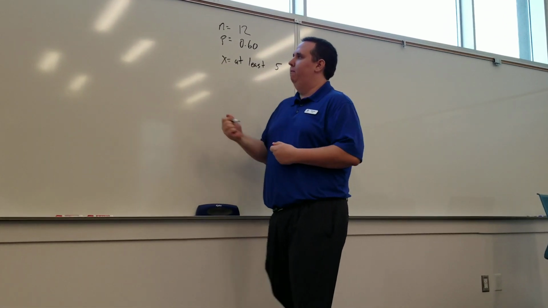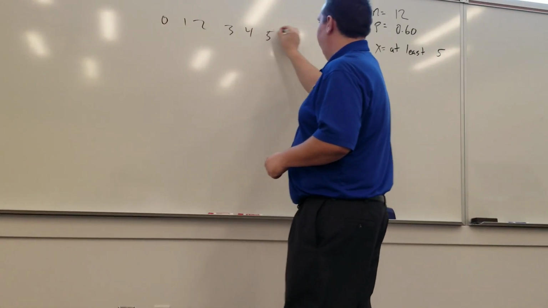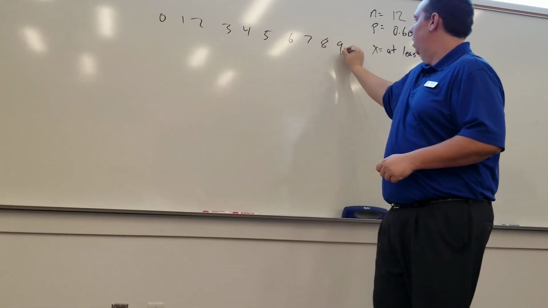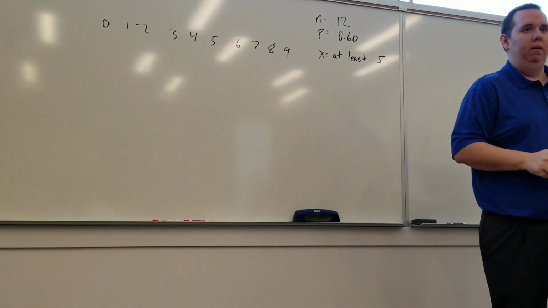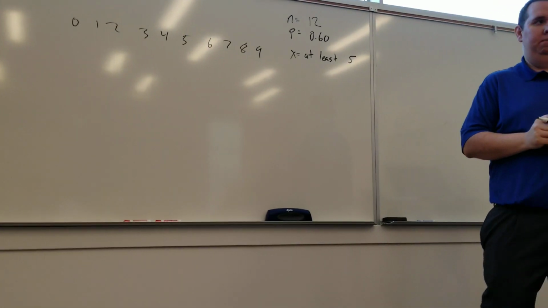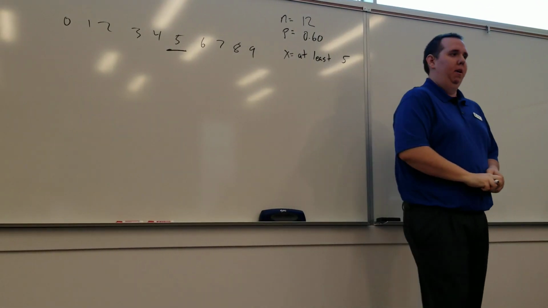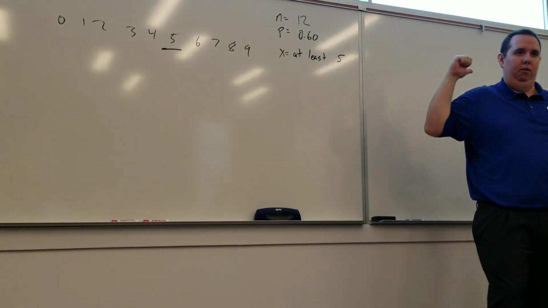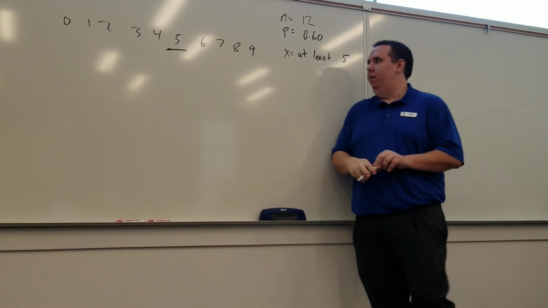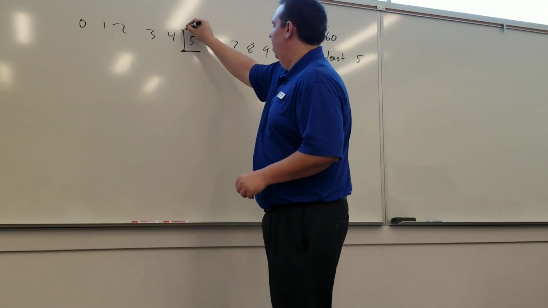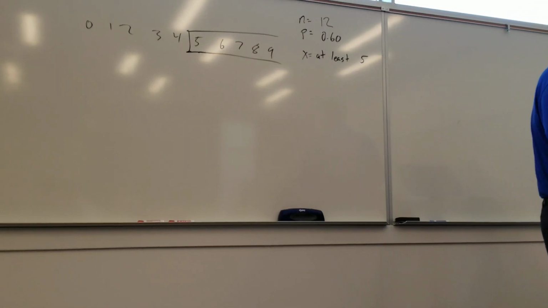So at least 5, if we look at a number line here, does at least 5 include 5? Yes? And is it going to be 5 and greater, or 5 and less? 5 and greater, right? Because at the very least, we want to have 5.